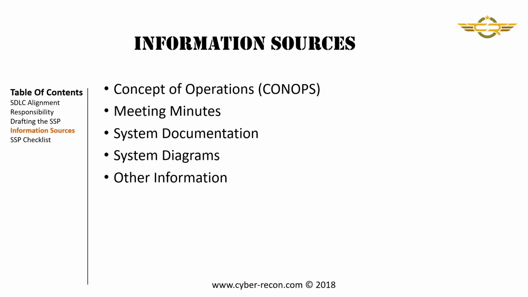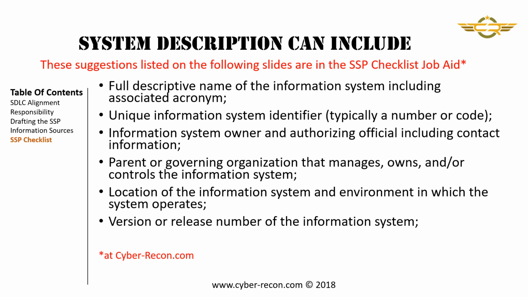Don't forget to conduct interviews. It's often a challenge to determine what should be included in the SSP. If your organization has a required template, it's easy to determine what that information is. But NIST Special Publication 800-18 defines some information that could possibly be included in an SSP.